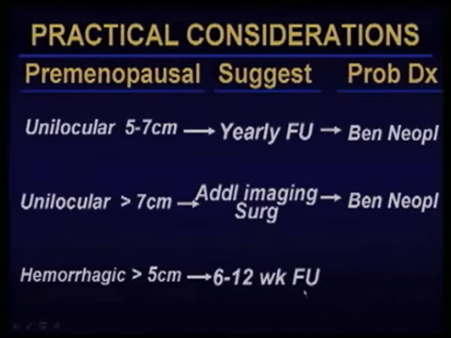Hemorrhagic cysts initially do a short-term follow-up because most likely it will be a functioning cyst at this point and will resolve. But if they are large, follow it up because sometimes endometriomas can also have this appearance and can cross over in their appearance with that of a hemorrhagic cyst.